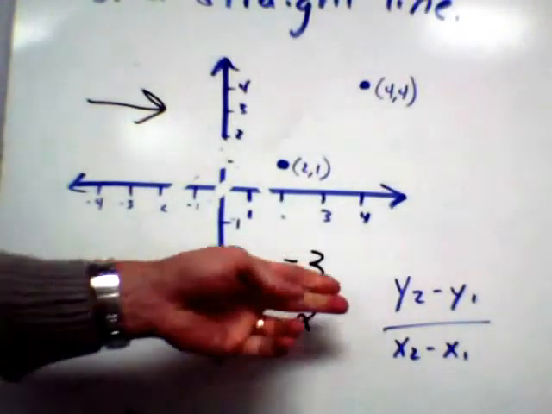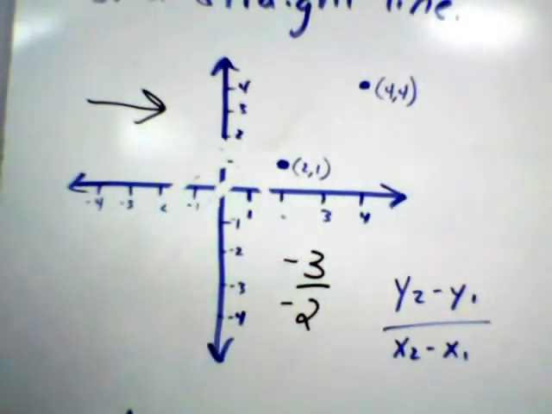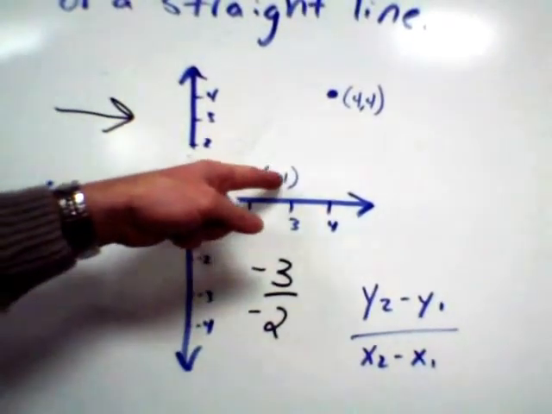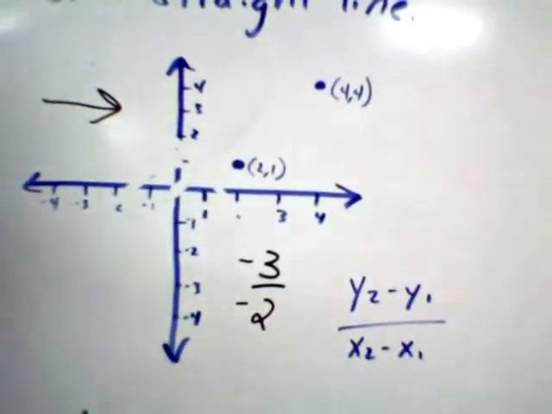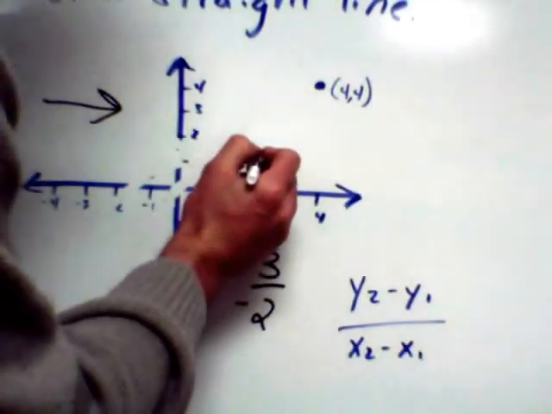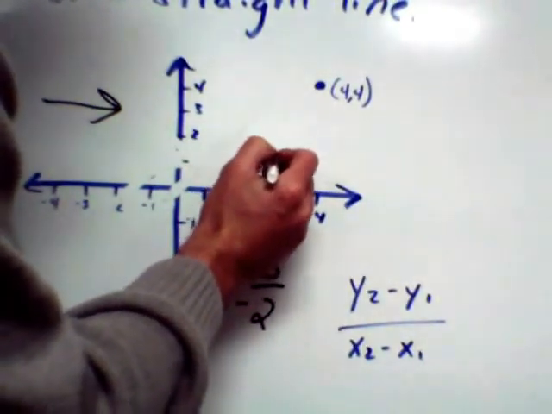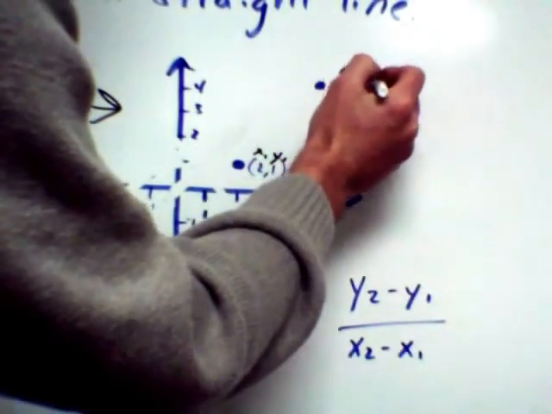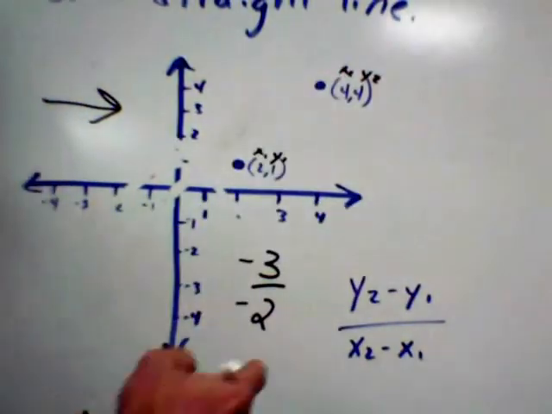Or you can take the difference between the y-coordinates and the difference between the x-coordinates, and that will also give you your slope. So if I look at these 2 points, I've got (2, 1) and (4, 4). I'm just going to label them just so I can remember. This is x1, this is y1, this is x2, and this is y2. So now I'm going to do the formula.